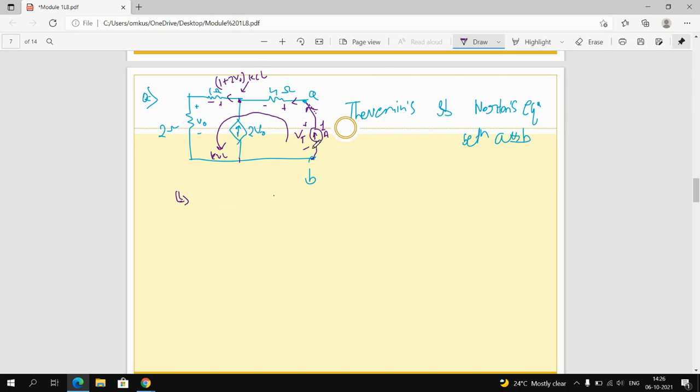What is the equation? First, minus VT, plus this is 1 ampere through a 4 ohm, 1 into 4, that is 4 volt, first terminal positive.